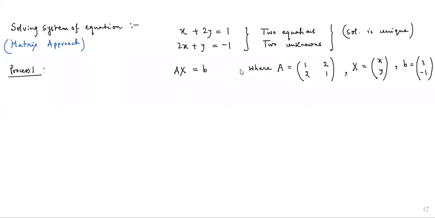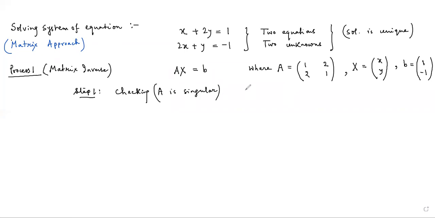Now, to solve it by the matrix inverse method, the process 1 that I'm going to talk about, what we do is try to find out whether the matrix is singular or non-singular. So step number 1 is checking whether A is a singular matrix or a non-singular matrix. If it is non-singular, that means the inverse of the matrix will exist.